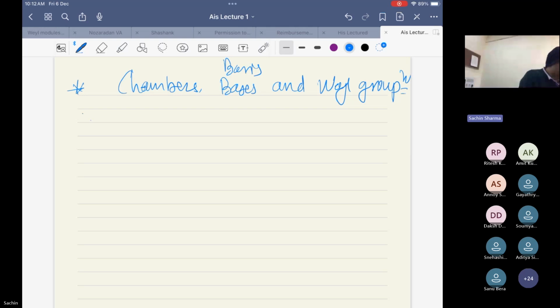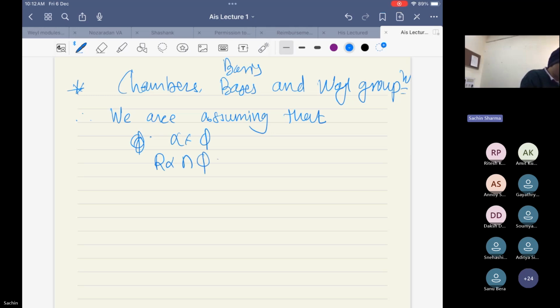Note a definition. We are assuming that if alpha belongs to phi, then R alpha intersection phi is nothing but alpha and minus alpha.